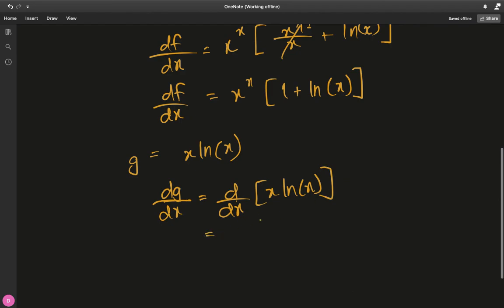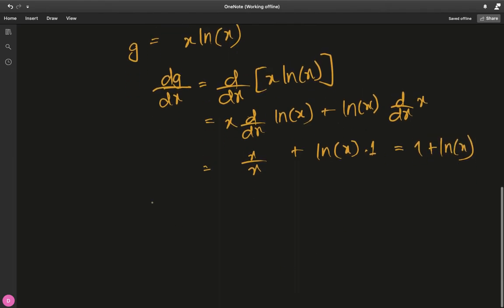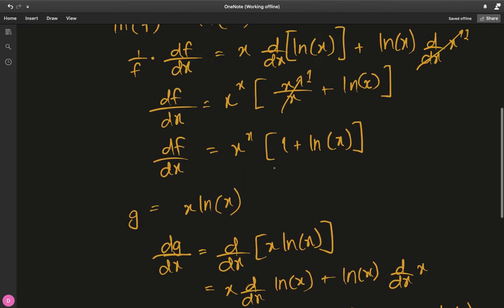Use the product rule: x times derivative with respect to x of natural log of x plus natural log of x times the derivative with respect to x of x. We have x over x plus natural log of x times 1, which will be 1 plus natural log of x.